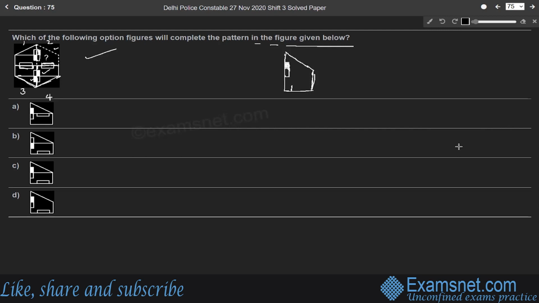So the rectangular portion will be like this, right? And there is one more portion which completes the triangle like this, right? Therefore, option C is the right answer.